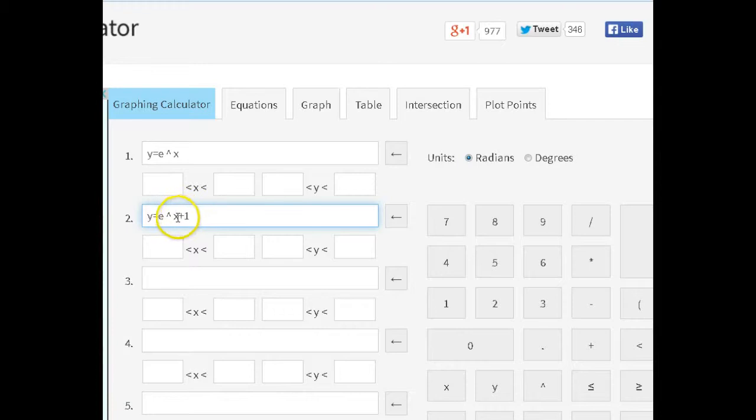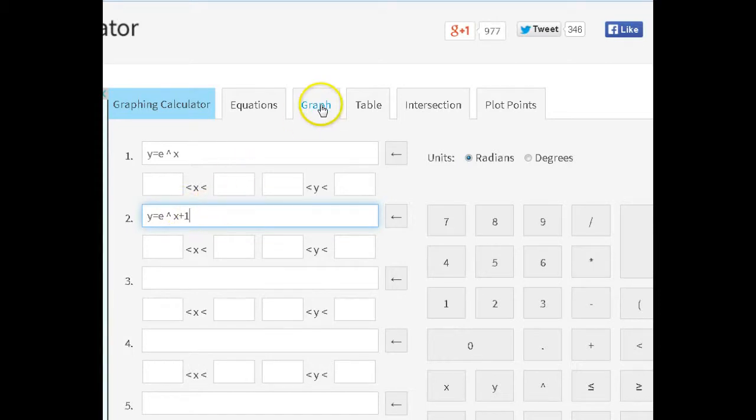Now notice it's not in parentheses. So one of the things I'd like you to think about for a moment is, what do you think is going to happen to the graph we just showed you? Plus 1. Is it going to move it up or down, right or left?